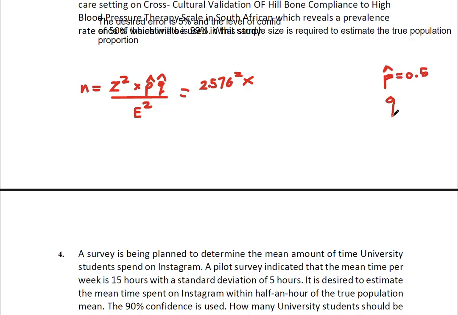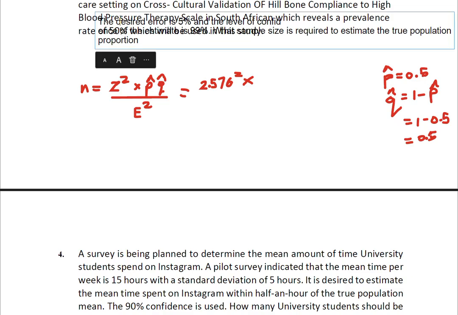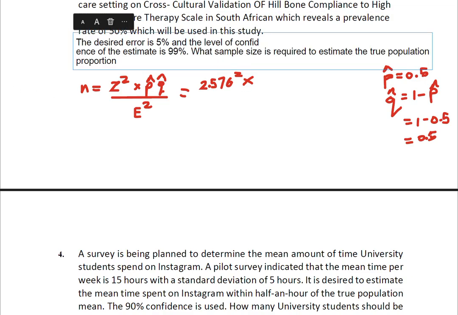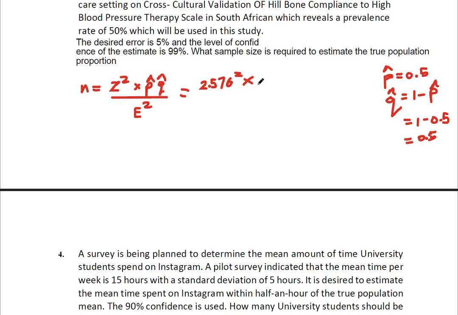So if p hat is 0.5, then q hat would also be equal to 0.5, because q hat is always 1 minus p hat, which would be 1 minus 0.5, and 1 minus 0.5 would be 0.5. So what we have here therefore is 0.5 multiplied by 0.5, which is the sample proportion p hat multiplied by q hat, and the error, which is 5%, is 0.05. I'm going to square that as well.